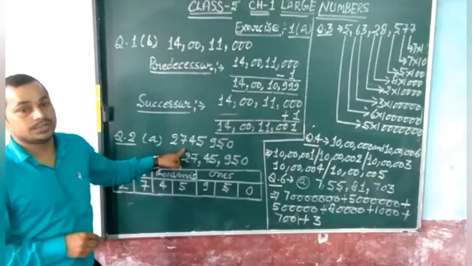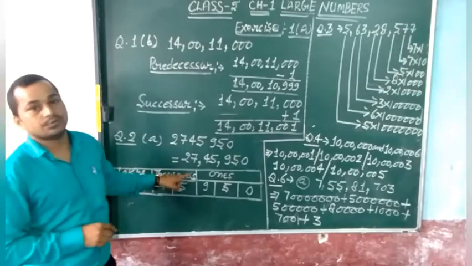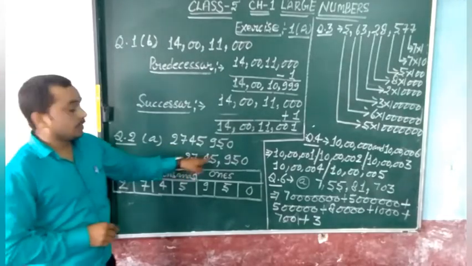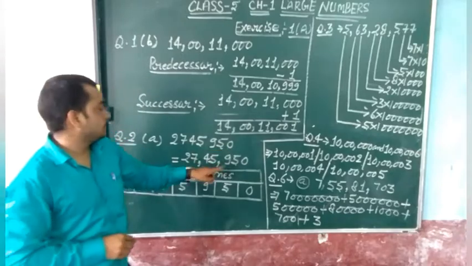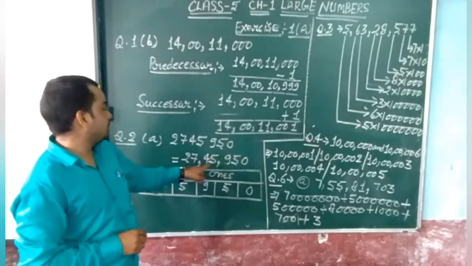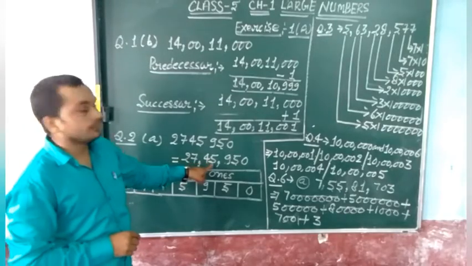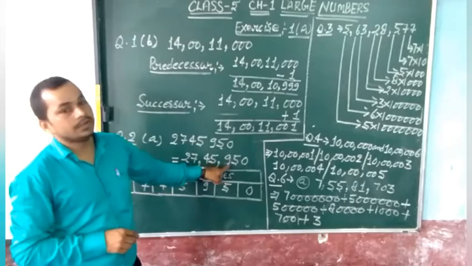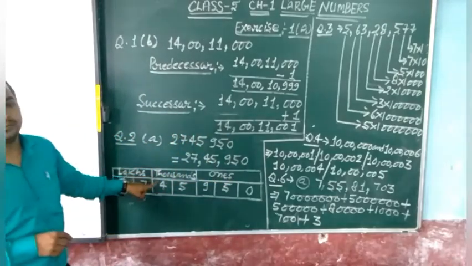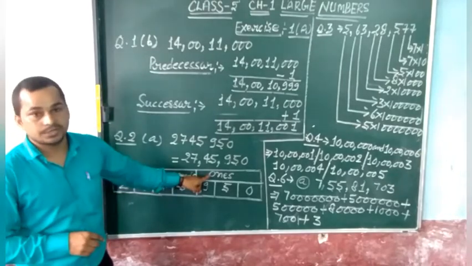Next, question number 2. Insert commas using the Indian decimal system and put the number in the place value table. In the Indian decimal system, the comma goes from the right side after 3 digits, then after every 2 digits. So we have 27,45,950. When we put it in the chart, there is a first period, the ones period, with ones, tens, and hundreds.